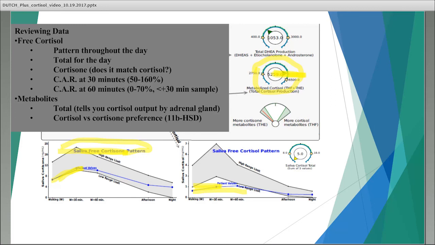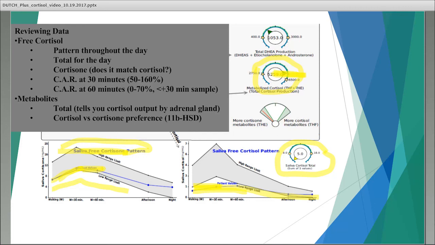If cortisone told the same story, if it was way down here for this patient, just like the cortisol, it would simply confirm there's not very much cortisol. In a case like this, there may be a little bit more free cortisol than what this diurnal pattern seems to imply, because some of it's getting stolen, if you will, over to the cortisone. So it's a little bit higher than maybe what the free cortisol would imply.